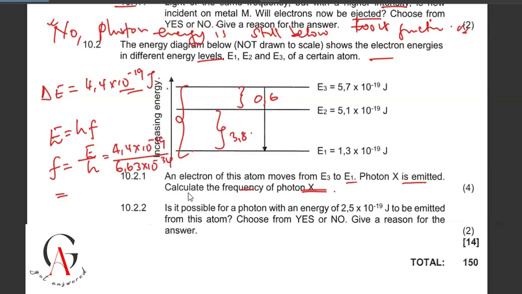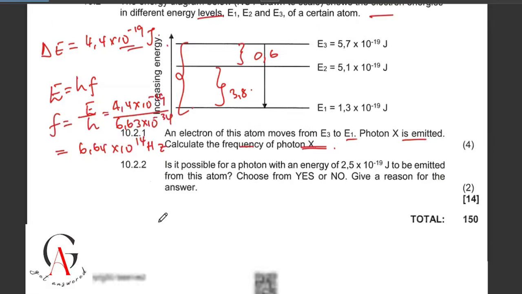So the frequency that I end up with is 6.64 times 10 to the 14 hertz. So 4.4 divided by 6.63, and then times 10 to the power of negative 19 plus 34. All right, so that is what we end up with.